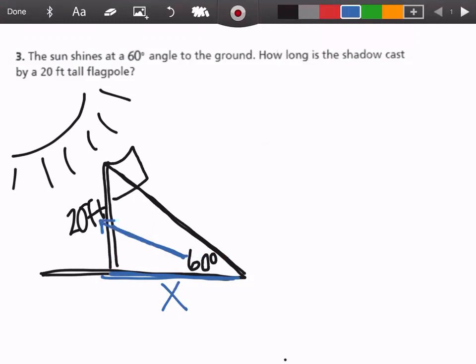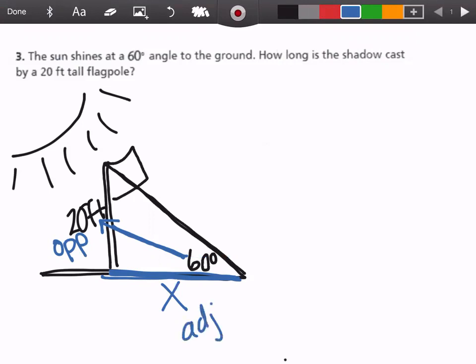You have to go through the triangle to get to the opposite side. So we have the opposite side, and then in reference to the 60-degree angle, the side that you don't have to go through the triangle to get to is side X, and that's the adjacent side.